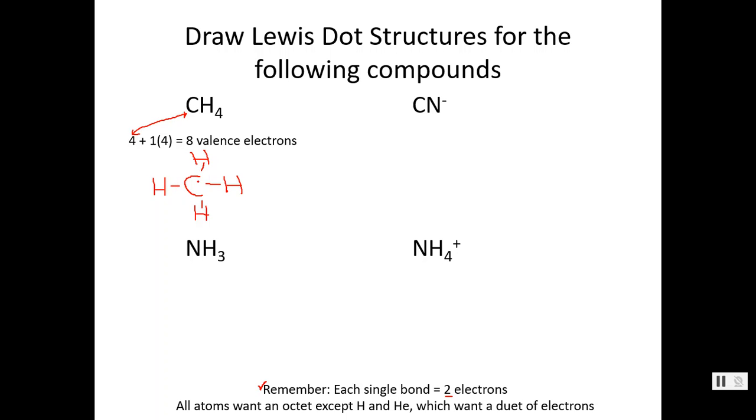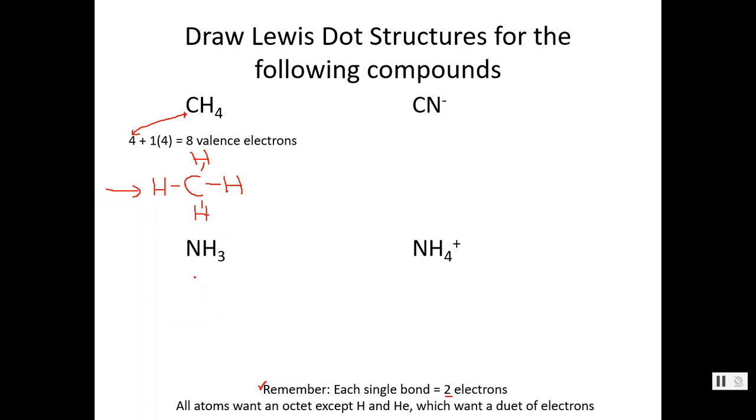And that's good because carbon is happy with an octet of electrons. Remember, electrons that are in bonds shared between 2 atoms contribute to the octets or duets of both. So this central carbon atom has 2, 4, 6, 8 valence electrons. Each hydrogen has 2. So this is the Lewis dot structure for CH4.